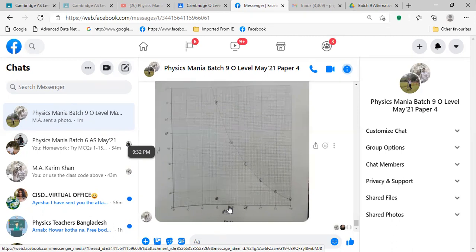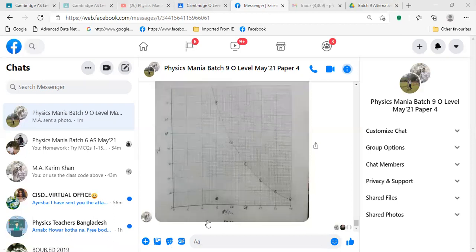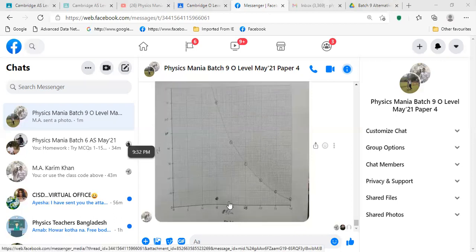LT, are you checking? I think I made a mistake. Yes. So that should be 6 small squares after 15. So now check what is your reading.